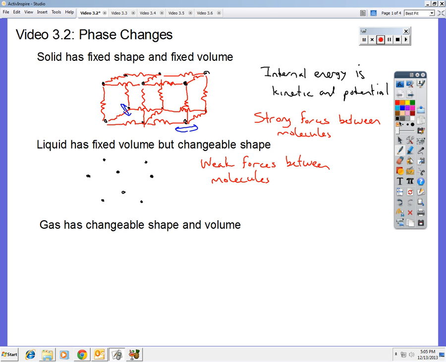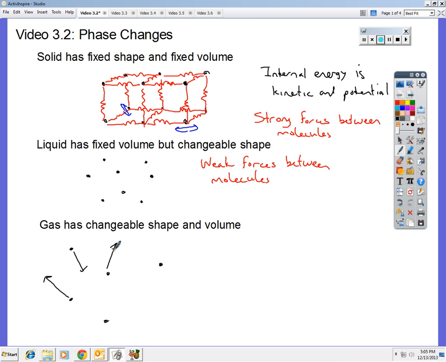Now gases, which are the phase of matter we're going to spend most time on, mostly because they're the easiest thing to calculate for, have a changeable shape and volume. If you force a gas into a large container, it will expand to fill the shape of that container. If you compress it into a smaller container, the volume will change to fill that small container as well.